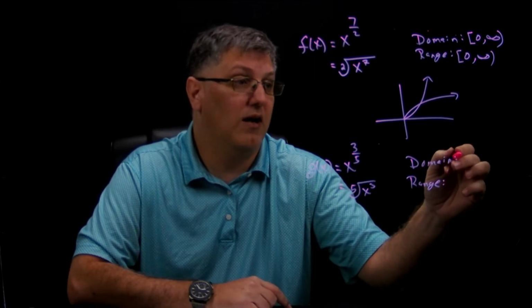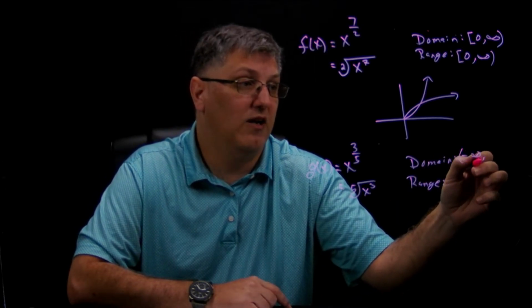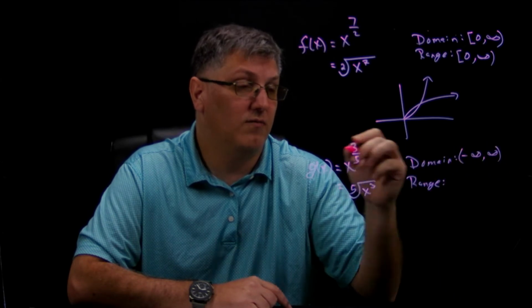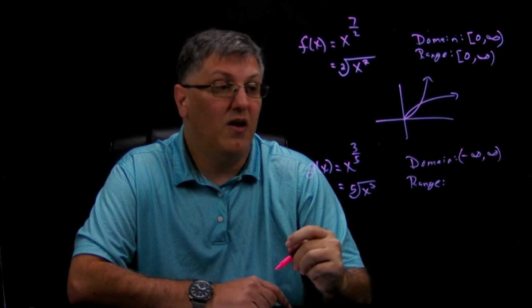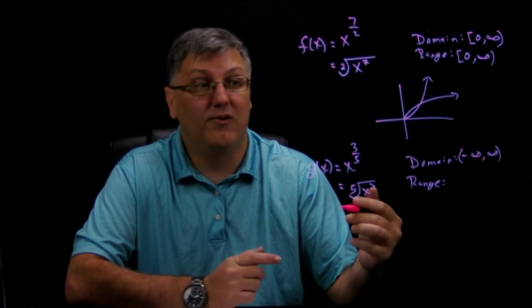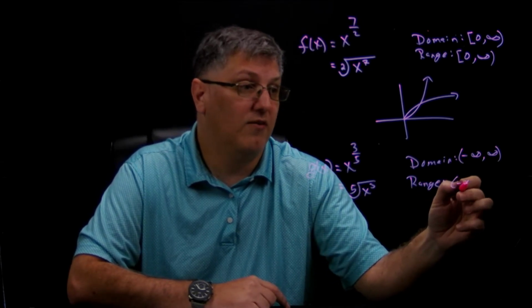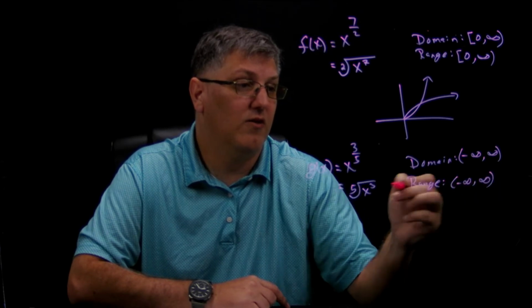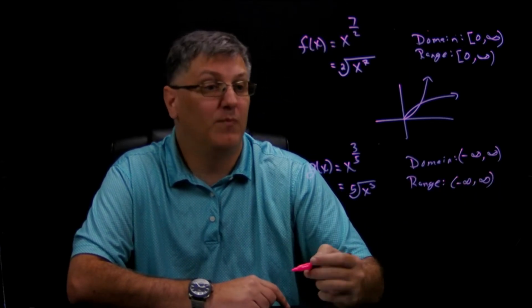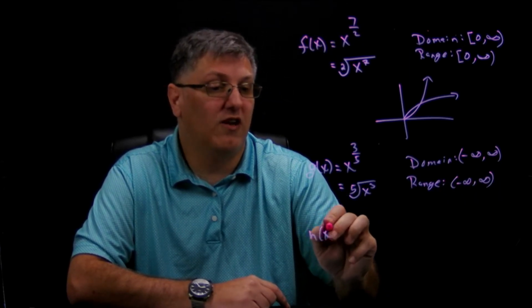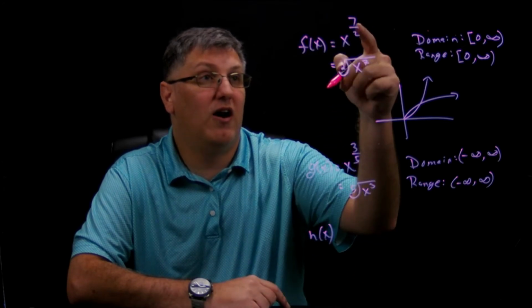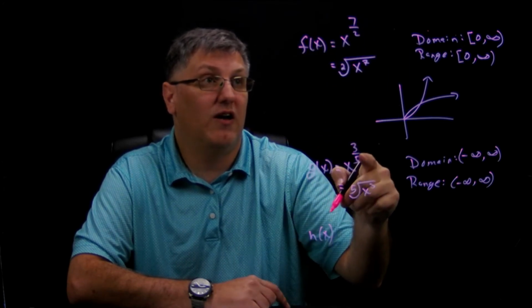So my domain is going to be from negative infinity to infinity. And the range, well, you can see you already have positive and negative, so that's going to be from negative infinity to infinity. Not terribly bad. And let's look at another scenario, h of x. Let's see, we've had an odd and an odd and an odd.